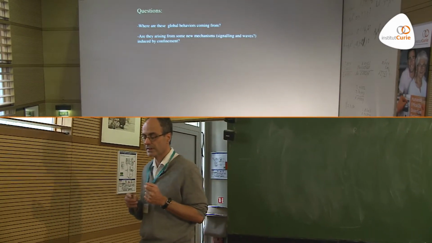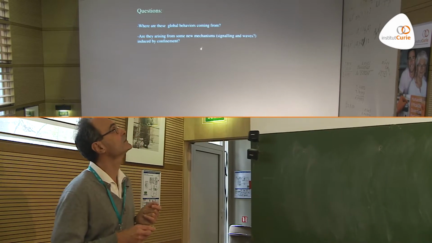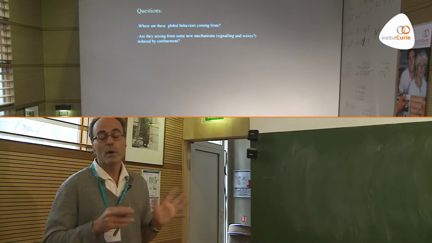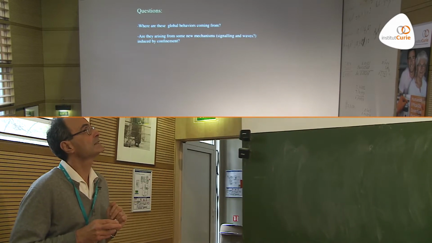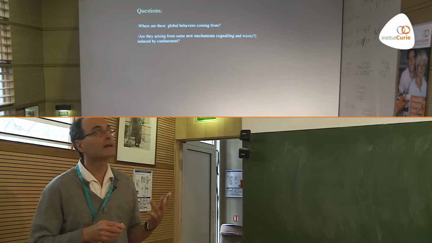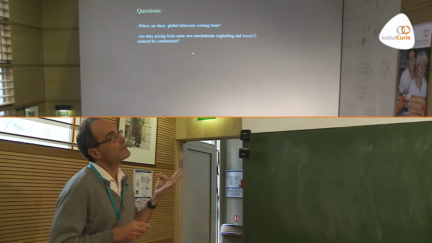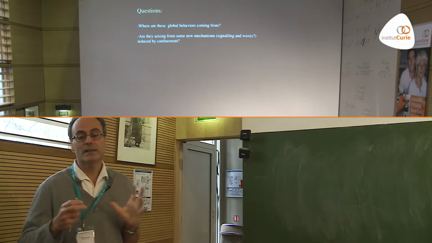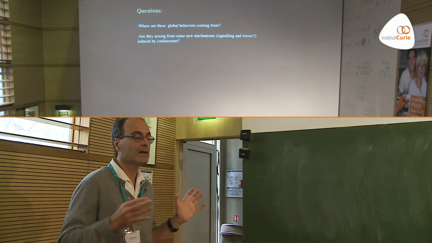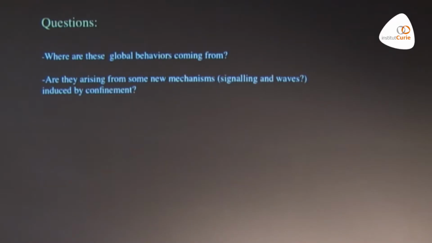So now you can ask, this is biology, so where is this coming from? It could be that there are new mechanisms that are induced by confinement, that there are waves induced by the boundary, things like that.